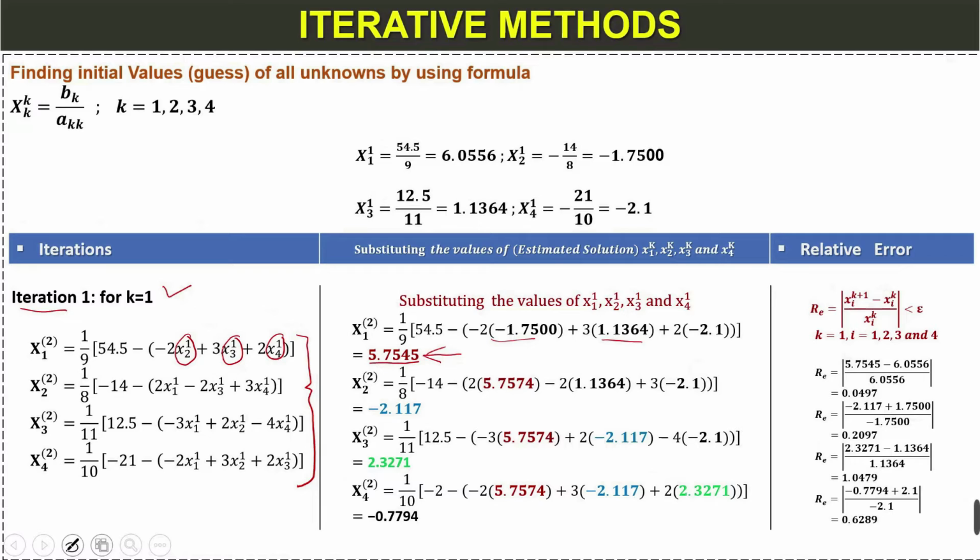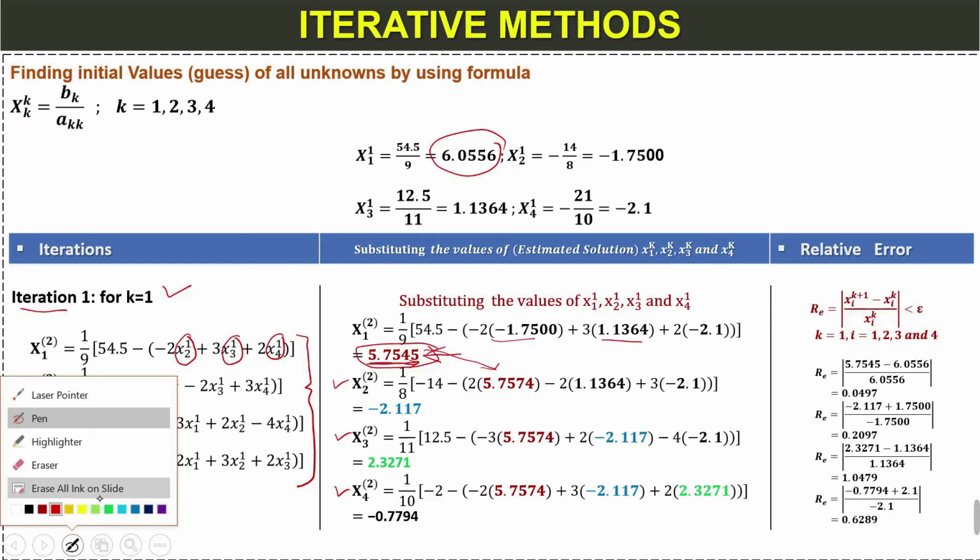So here we can see that we have calculated the new estimated solution for x21. Now we use this estimated solution to calculate the rest of the unknowns. Here we can see that we have substituted this value. We have used this value instead of this one, on the same iteration.